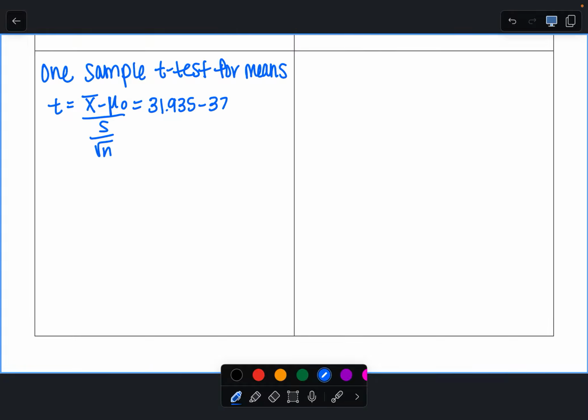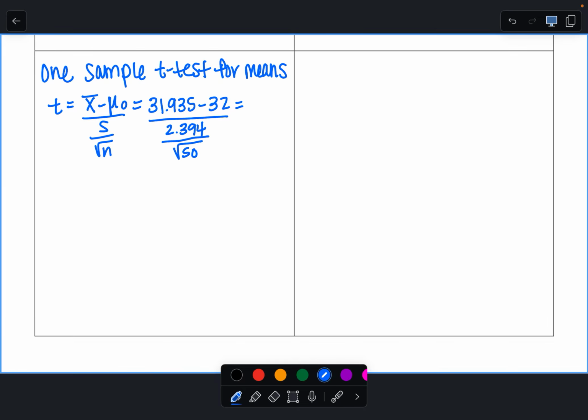We know the claim is 32 because we're trying to see how far away our sample is from what they think it should be. And this is how we calculate that distance. Standard deviation is 2.394 over the square root of n, which is 50.